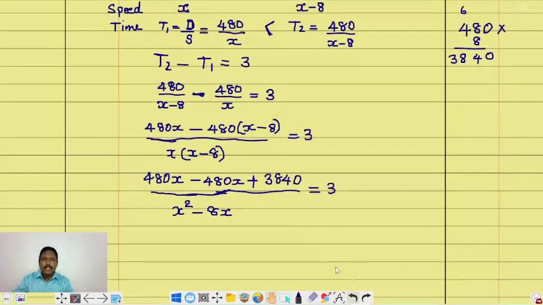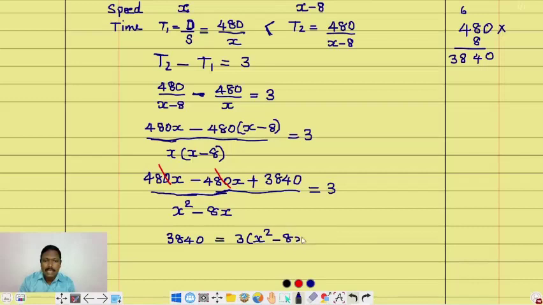You can see here, this 480x and 480x cancel. So then you will get 3840 is equal to this x square minus 8x, you can cross multiply to here. So you will get 3 into x squared minus 8x.